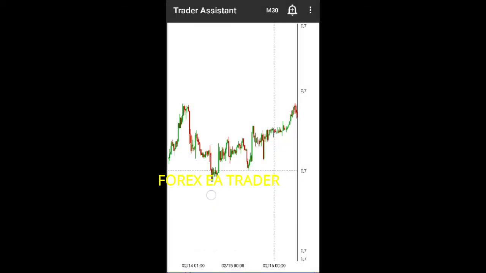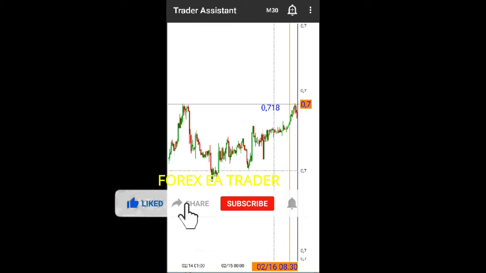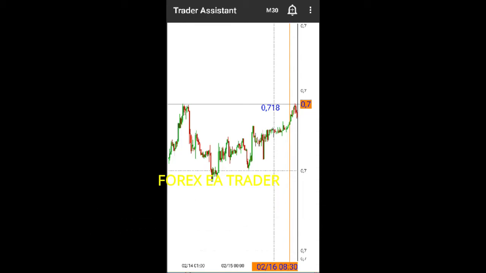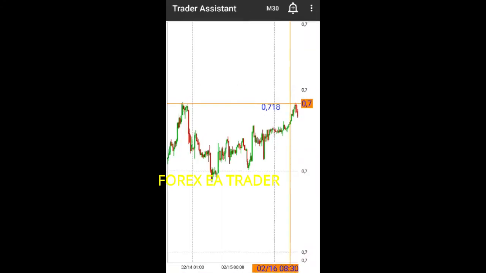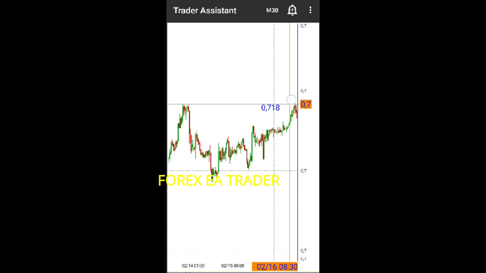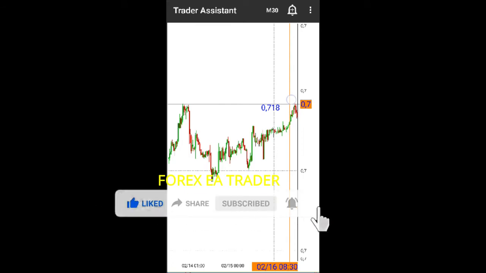We can simply come to that chart, and you can actually see where price is at, and you can actually measure where you want price to be at before you put your alert. You can see we are at 0.718.